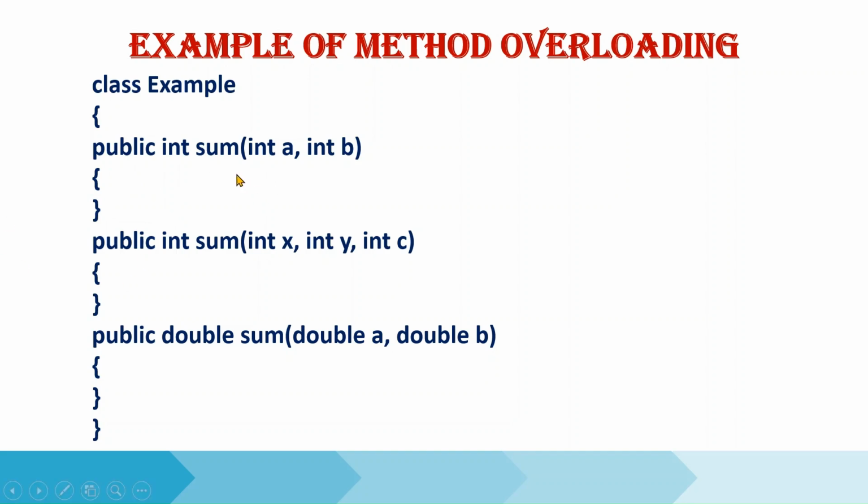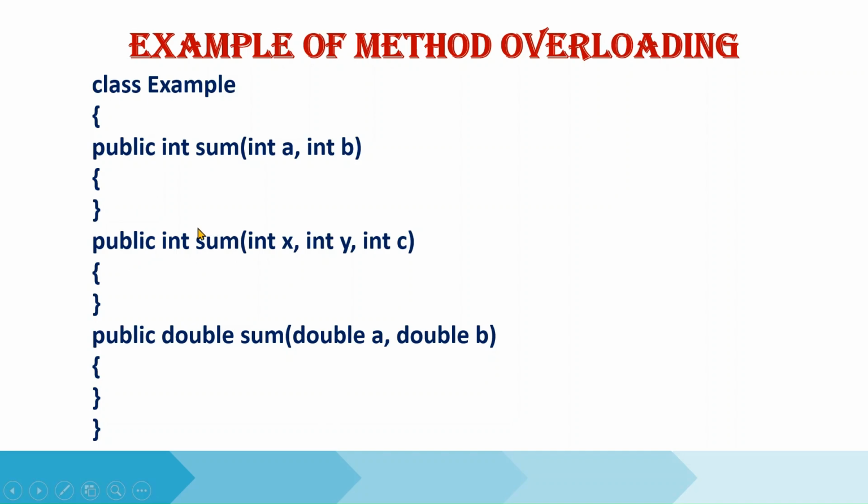Then we write sum as the method name and pass two parameters, a and b, both integers. You can write any logic inside this, and the return value should be an integer.